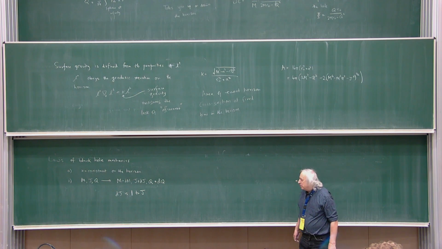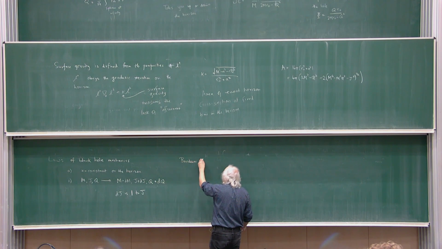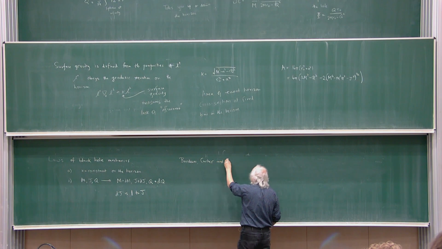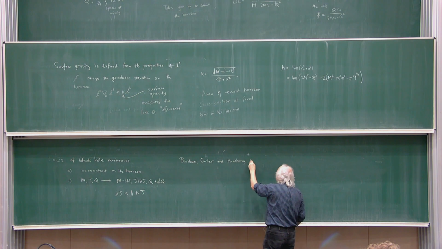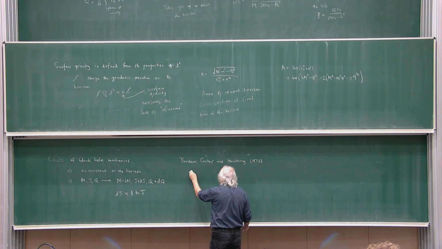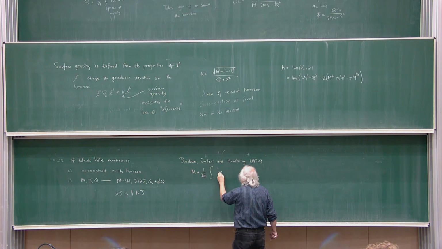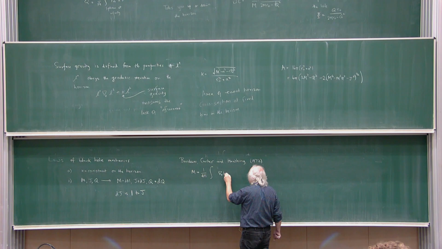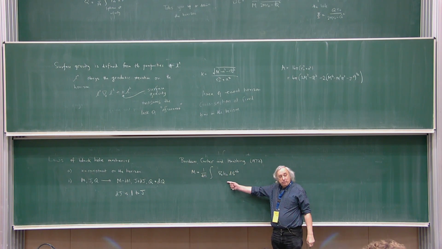There are two ways that you can do this. Bardeen, Carter, and Hawking (1972) took the Komar integral m, which is 1 over 4 pi integral del A kb ds AB, and varied this expression.